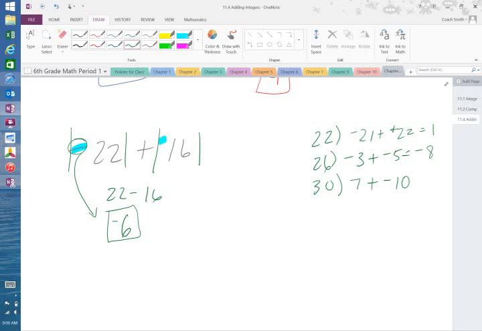Staley, what'd you get? Negative 3. That is correct. Remember, absolute value of the two numbers, 10 minus 7 is 3. The larger absolute value is the negative 10, so we bring it down into our answer and get negative 3. Okay?